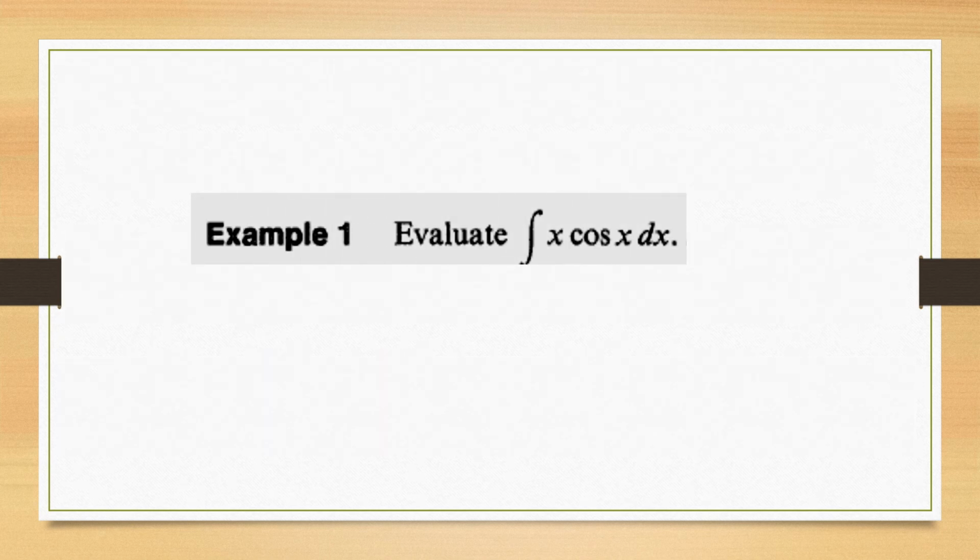This is the first example. The integrand is the product of two terms, where the first term is x and the second is cos x. We have to integrate this product by using the integration by parts rule.